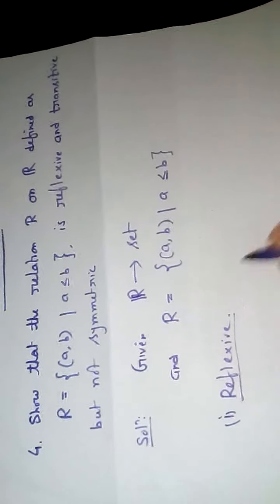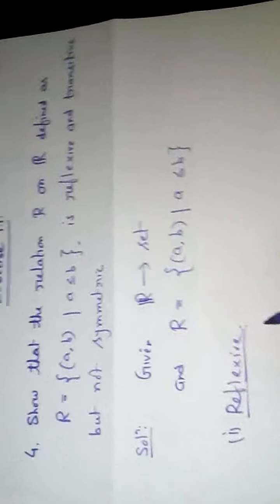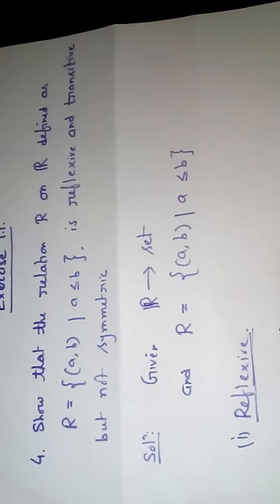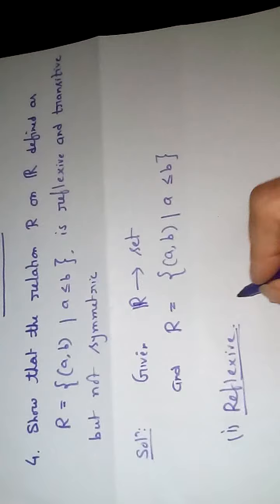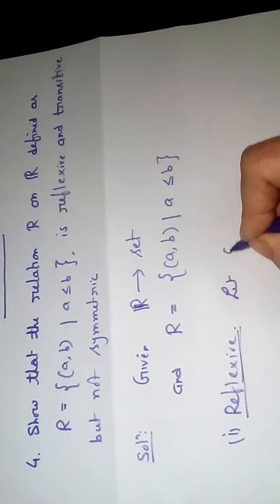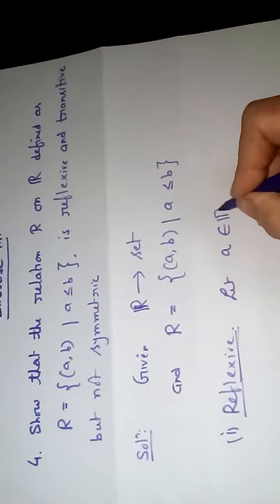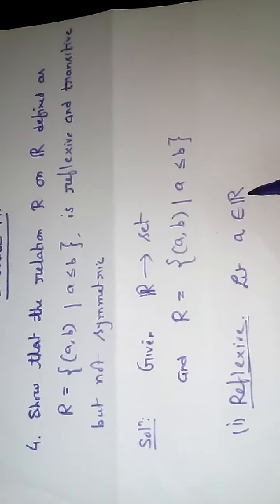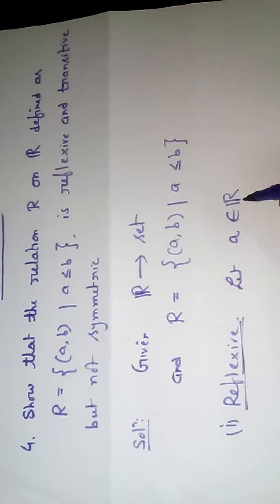Reflexive. Okay, so reflexive কি আছিল আমাৰ, we have to show that every element is related to itself, right? So I am just taking any element, say small a, belongs to the set capital R. You remember the element is always taken from the given set R. Always you have to take.